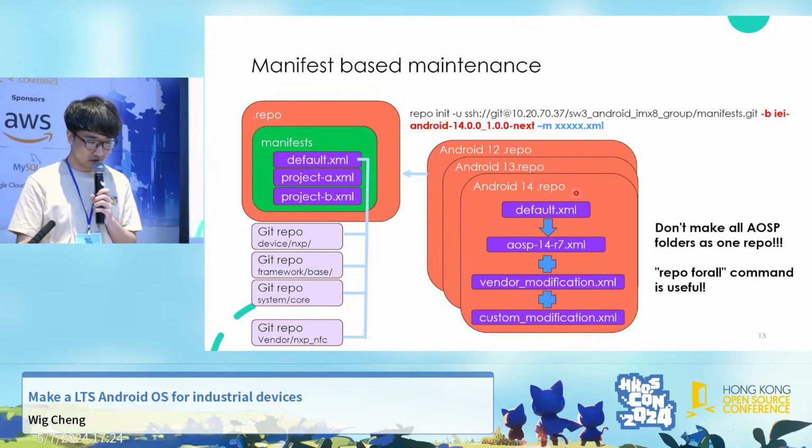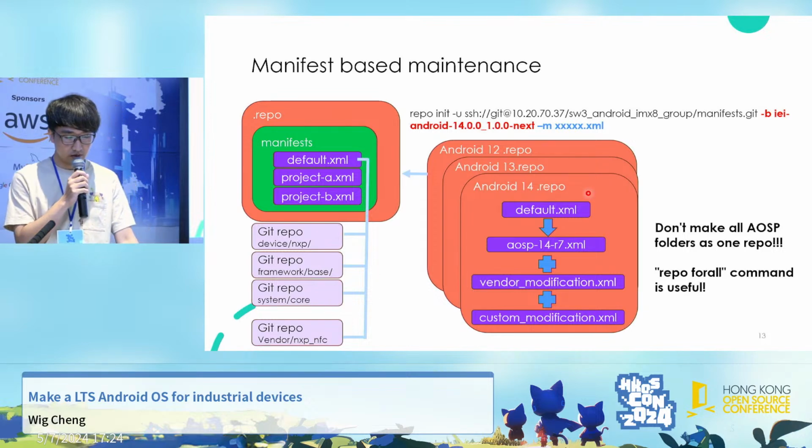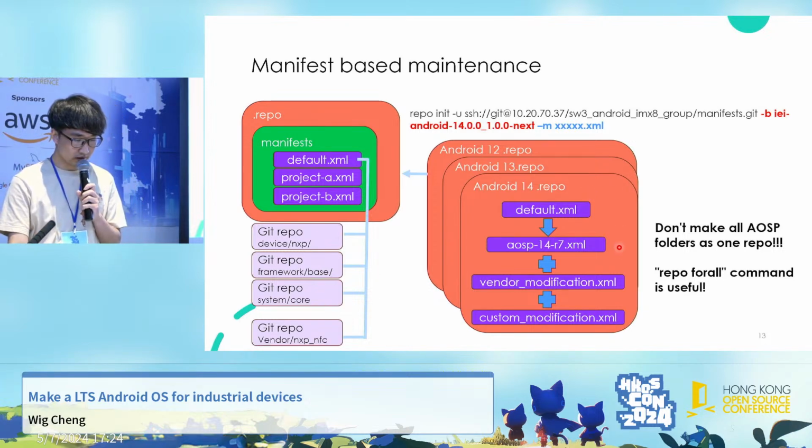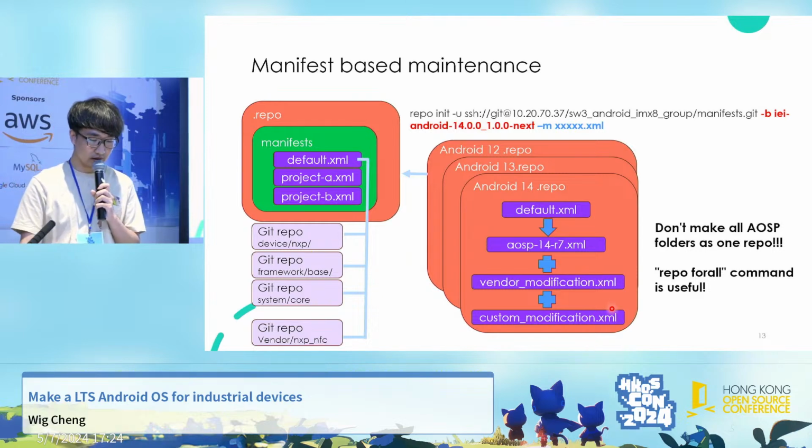It will create a repo folder, and we make a default XML, including the AOSP original XML, the vendor modification and our customization. Combined together as one big default XML, it's easy to maintain.